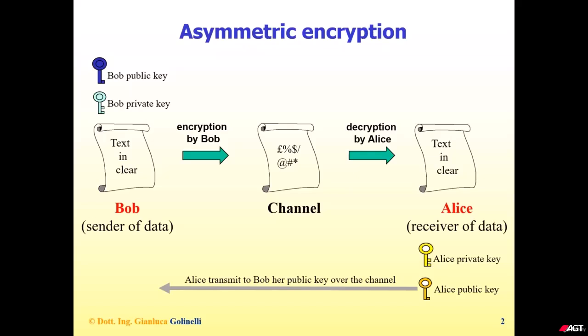Each subject that must transmit on the channel has two cryptographic keys, a public key and a private one. There is a mathematical relationship between the two keys, but the knowledge of one key does not allow to know which is the other. Only the public keys of the receivers travel on the channel, which even if intercepted, do not allow data to be decoded.